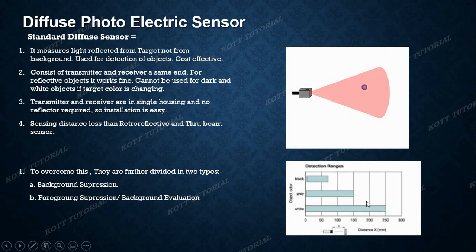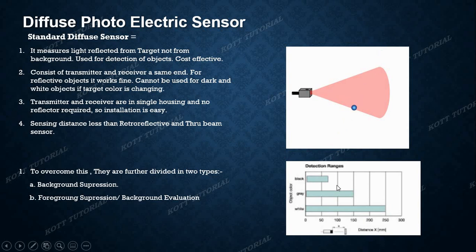The reason is that if our product is white color, it can successfully detect at 200 mm. But if I am having a product of black color and gray color, it will not detect at 200 mm. So this is the major drawback of a standard diffuse photoelectric sensor.